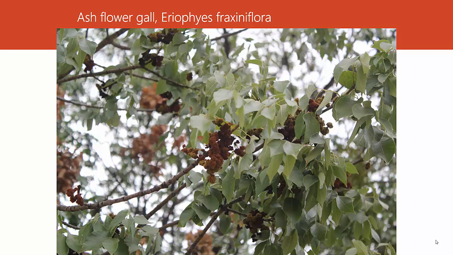Another Eriophyid mite that causes some common problems here in the Metroplex is the ash flower gall. This is Eriophyes fraxiniflora. You may have seen these dark gall-like things on ash flowering parts. These galls are not harmful to the tree, but they do persist long past the growing season, so they look ugly when the leaves fall off and you see these galls up in the tree.